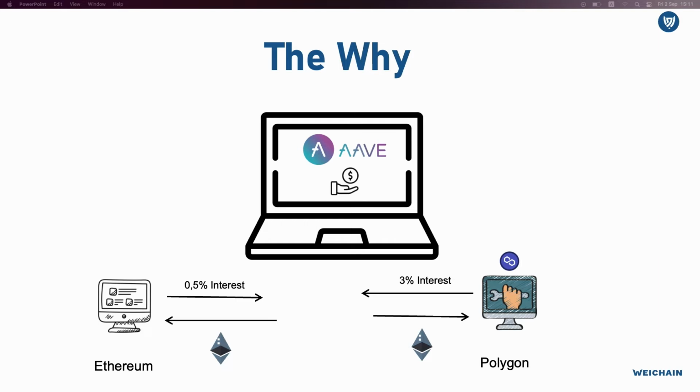On Polygon, the same protocol is deployed and gives 3% interest on our ETH instead of 0.5%. So we have the incentive to move to Polygon and lend our ETH there because we are going to receive a better interest. And that's just one of the use cases.